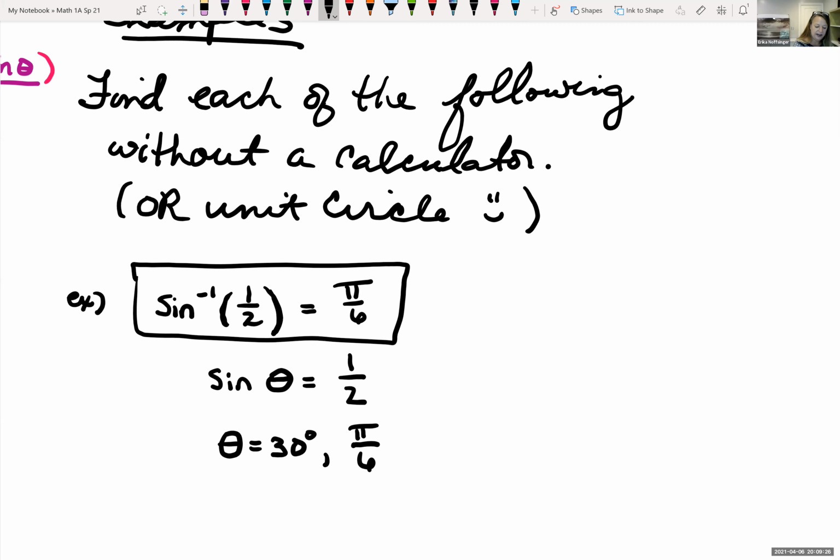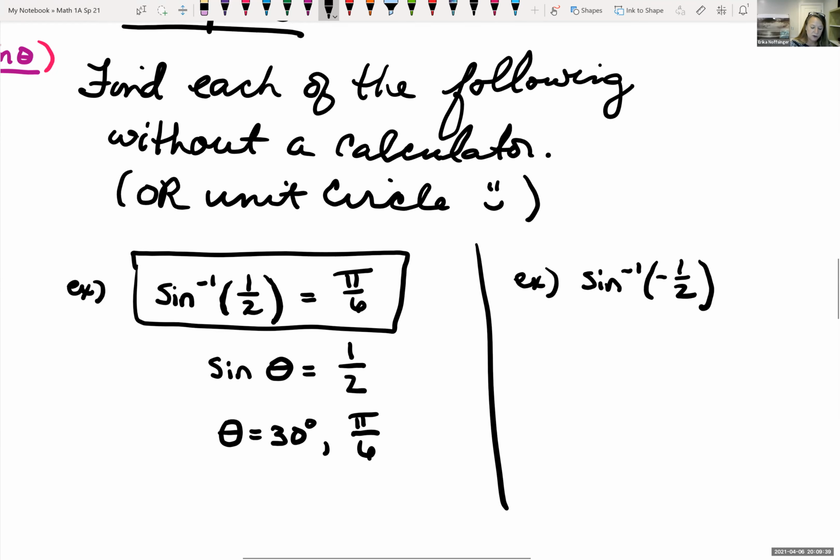Any value that's negative, so if this had been sine inverse of negative 1/2 and we wanted to figure out what that's equal to, we have to think about our reference angle and about what our domain is for the inverse function. For sine inverse, we had to limit that domain between negative pi halves and pi halves. If I think about it with a positive, sine inverse of 1/2 is equal to pi 6.